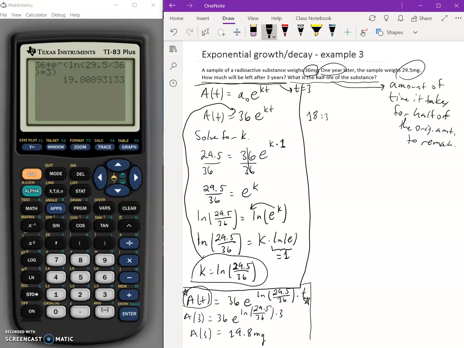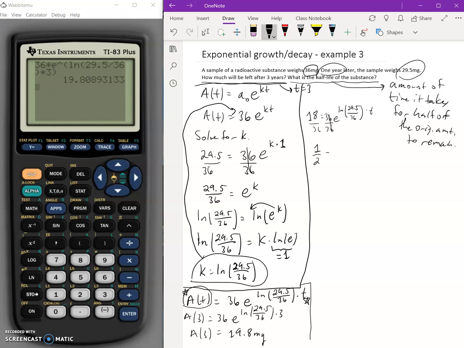So 18 is equal to 36 e to the natural log of 29.5 divided by 36 times t. Now we're trying to solve for t, so t is in the exponent, so I need to get this exponential by itself, so I divide by 36.